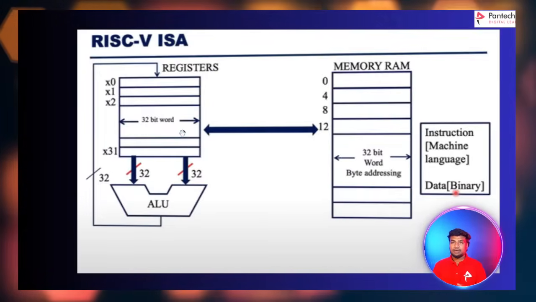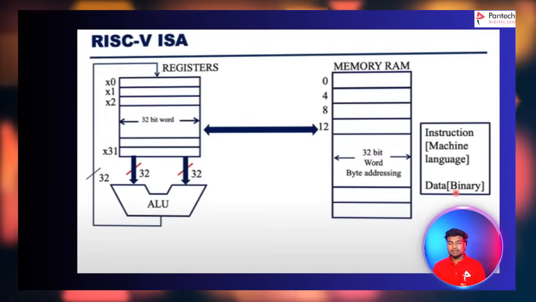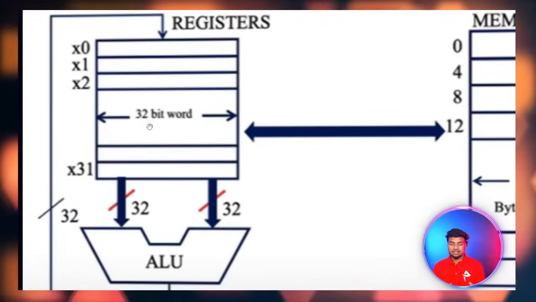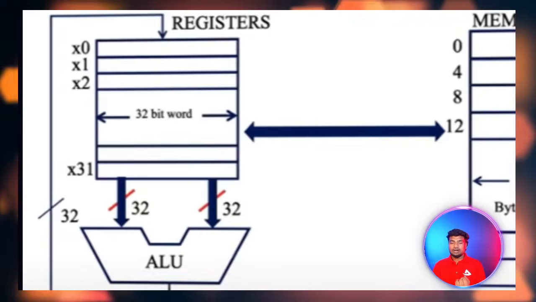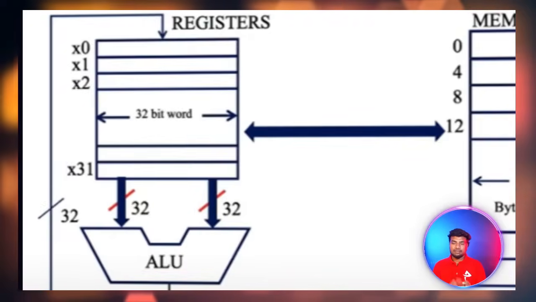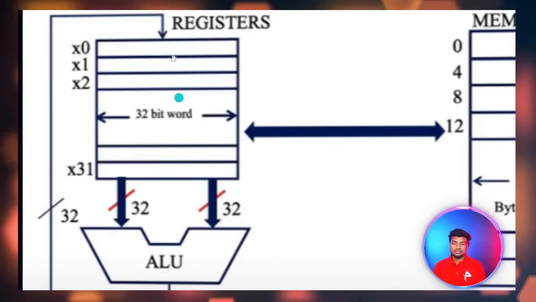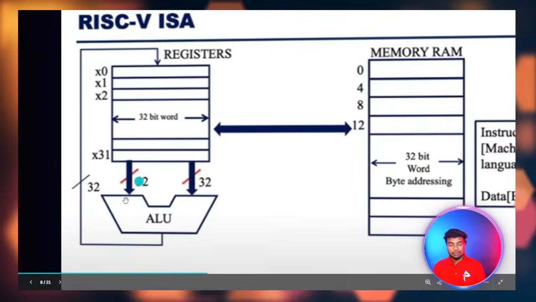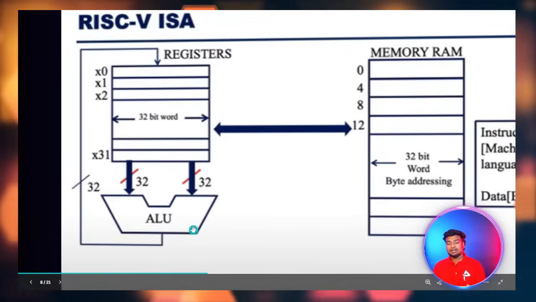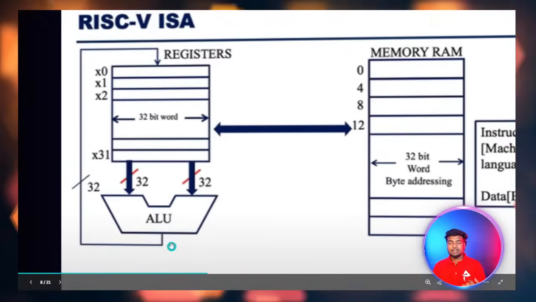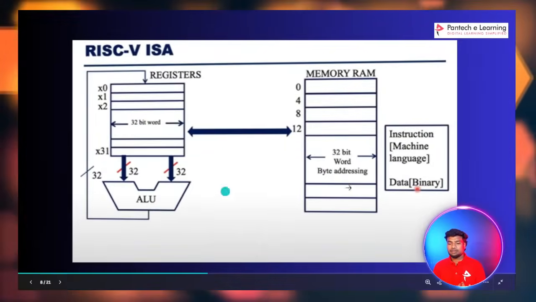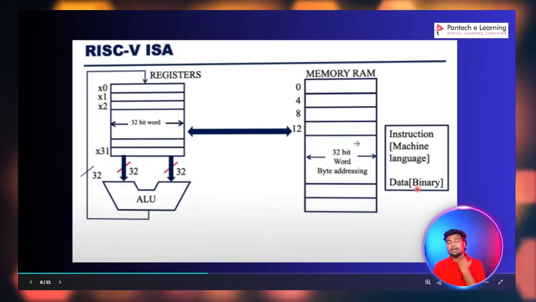For example, A equal to 5 plus 5: in the register we can store the instruction, addition is one instruction, and then we can store the data like 5 and 5 in the register. Then the ALU will fetch the data from the register, do some arithmetic operation, and give the output for the user. So this is the main thing of the CPU, like a computer architecture.